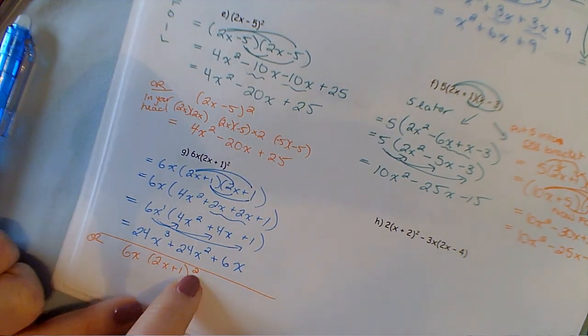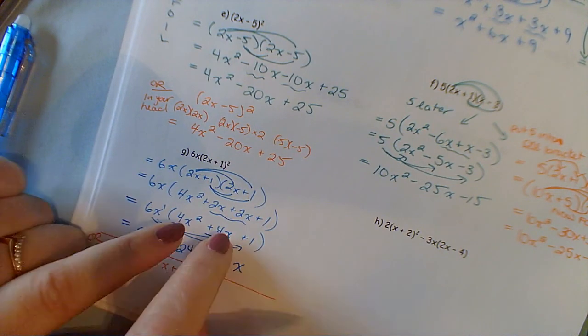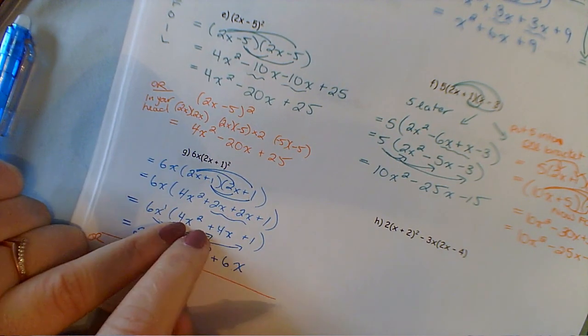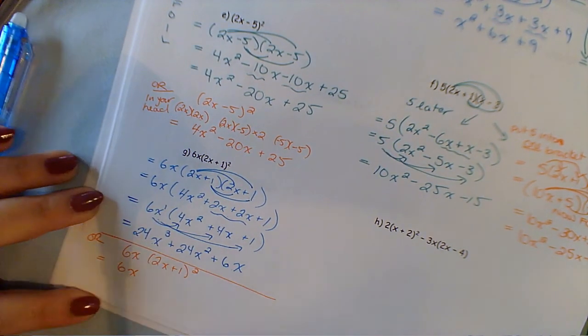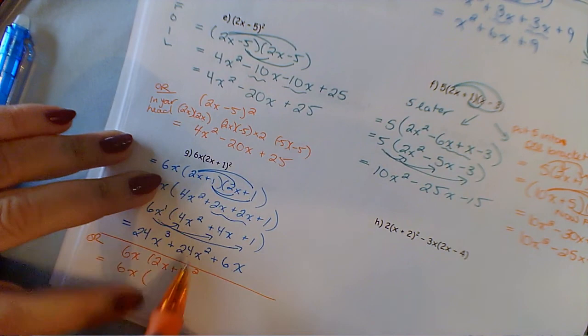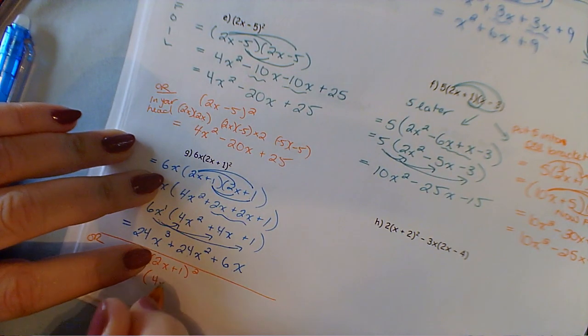Because I see a square outside a bracket, I know that I can expand this bracket to get to this point in one step. So again, I'm going to leave the 6x for now. I don't care about him in the front. The quick way says 2x times 2x is 4x squared, right? First times himself.